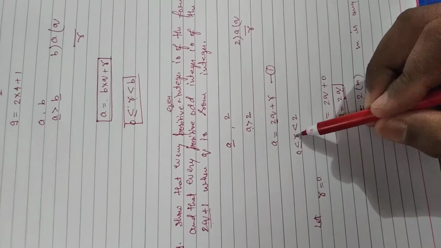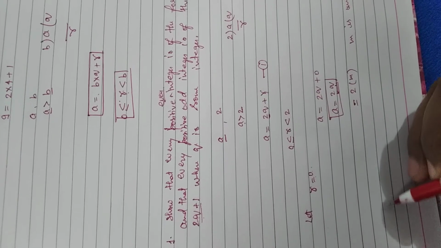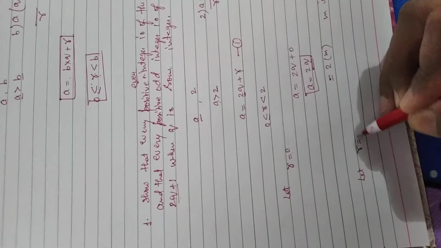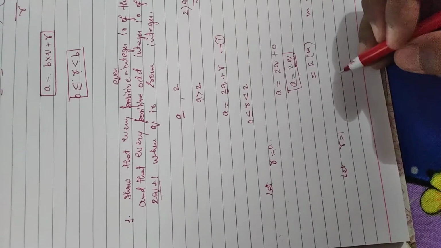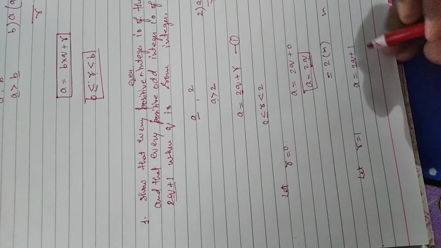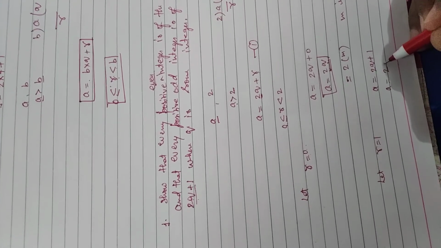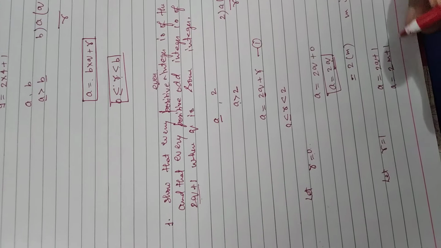Because r is equal to 0 or greater than 0 but less than 2, the second condition is r equal to 1. Now if r equal to 1, in this condition you will get a equal to 2q plus 1. We can write this as 2 into m plus 1. Why?